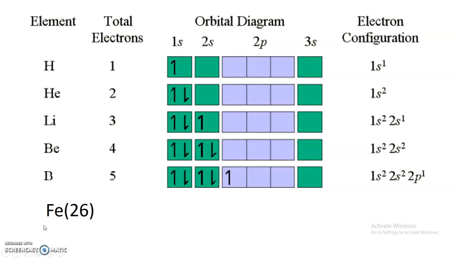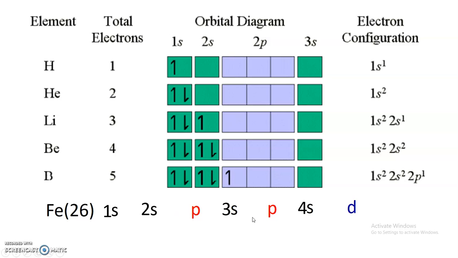Now how to write the electronic configuration? First of all, write the order of orbitals: s, p, s, p, s, then d, and so on. We discussed this at the time of the above order. Now number the s orbitals 1, 2, 3 and 4.